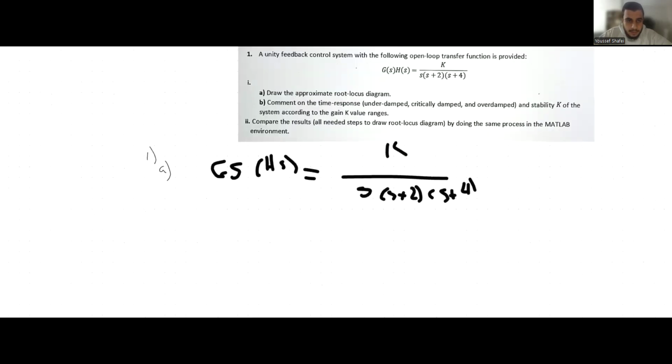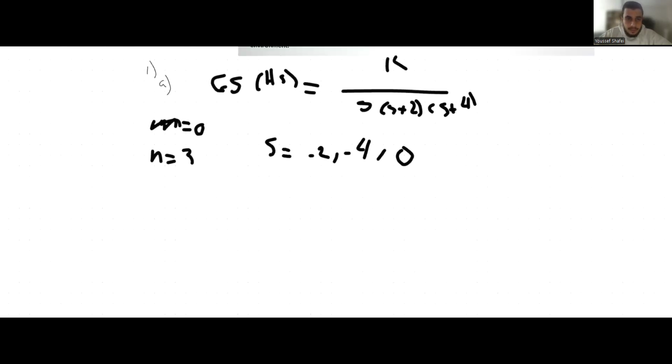Here, m will be equal to 0 and n will be equal to 3, and the poles are 0, negative 2, and negative 4.